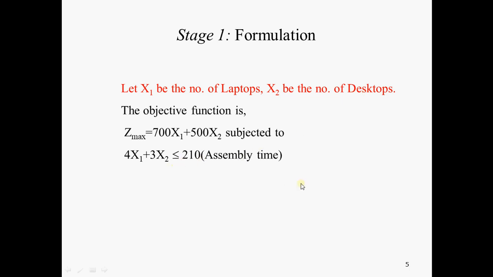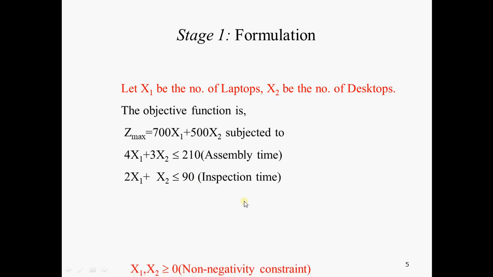In the same way, you have a constraint on inspection time, that is 2x1 plus 1x2, or simply you can write 2x1 plus x2, less than or equal to 90, that is inspection time 90. 2x1 means each laptop requires 2 hours of inspection time. If x1 units, then 2x1, plus each desktop requires 1 hour of testing time, hence 1x2, less than or equal to 90.